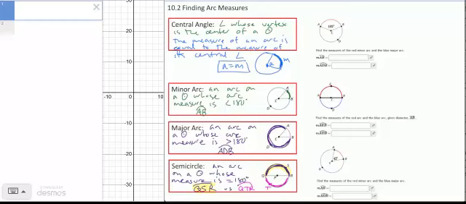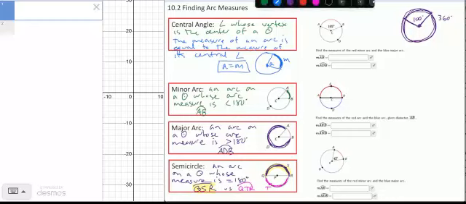Now, when you look at these combined, what would the total arc measure of a circle be? Around a whole circle, from here all the way to this, would be 360 degrees. So when you're finding arcs, if we use an easy 100 degrees for our central angle here, what would be the corresponding major arc?